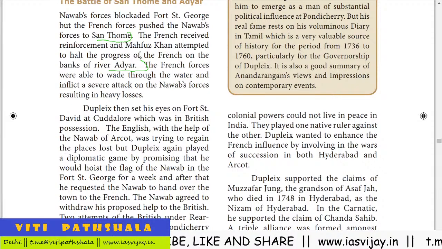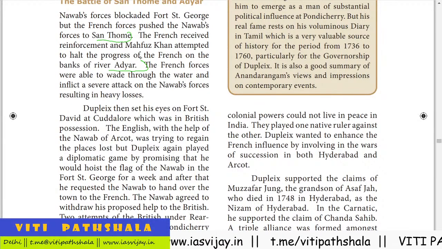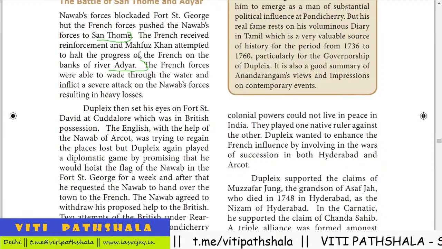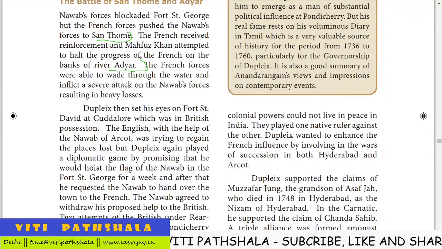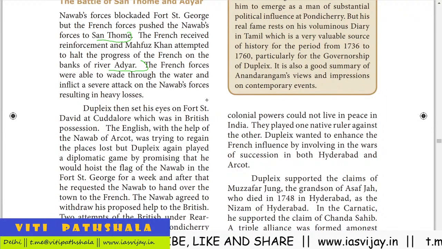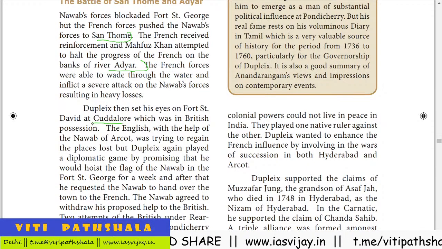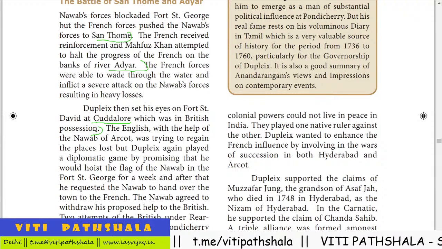The French forces were able to wade through the water and inflicted a severe attack on the Nawab's forces, resulting in heavy losses. Dupleix then set his eyes on Fort St. David at Cuddalore, which was in British possession.